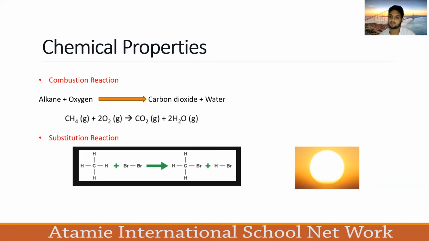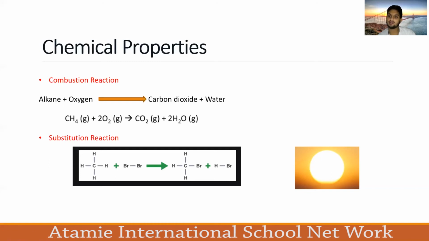Now, starting this reaction is very difficult. You can't just bring the reactants together and expect a reaction to happen. We need some other source for this reaction to happen, and the source that we use is UV light. I have shown you a sun; the sun gives UV light. UV light always produces a great amount of energy.